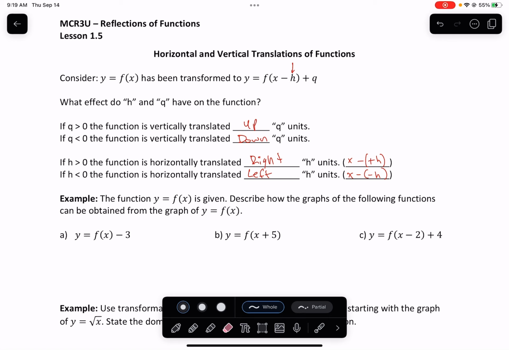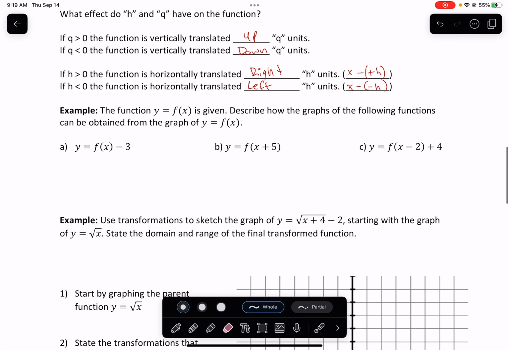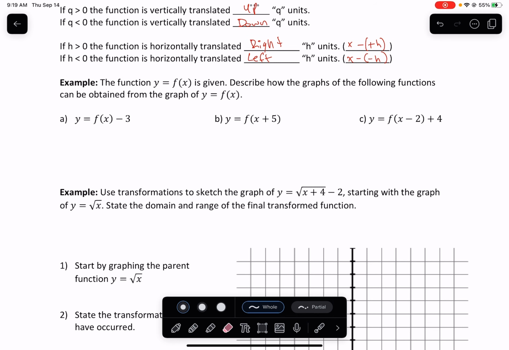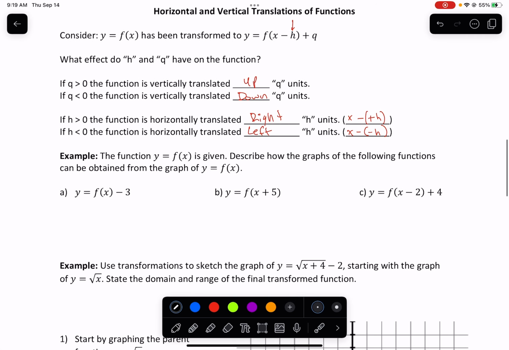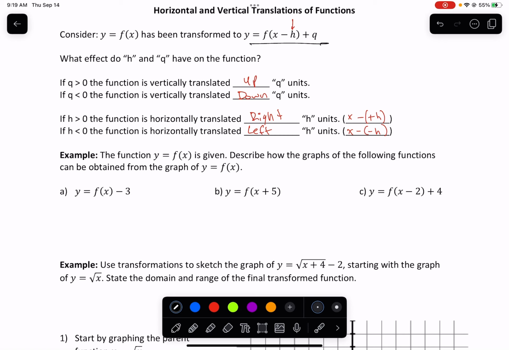Okay, so let's describe the transformations that have occurred to this graph. F of x, I don't care what the function is, it could be the root x, it could be x squared, it could be the rational function, whatever it is. What happened to it in A? You're comparing to this, right? Do you see an H? You see any number on the inside of the brackets?